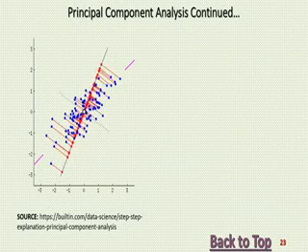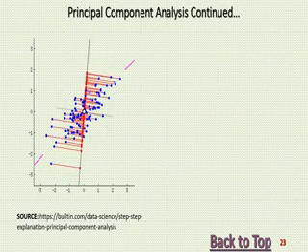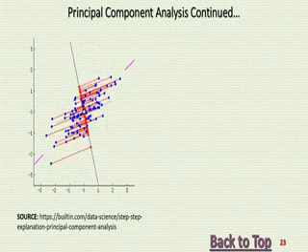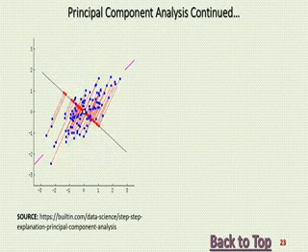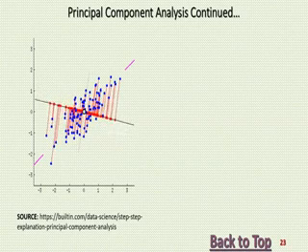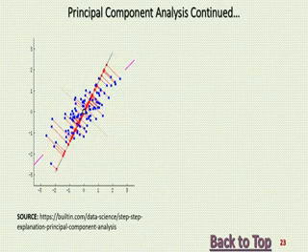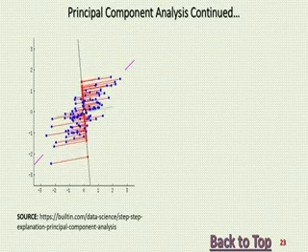Now this is a very interesting diagram. Principal component analysis cannot be represented graphically for a multivariate data set with a large number of variables. But here this is 2-dimensional data, that is, it has an x-axis and a y-axis, and some blue points are plotted.